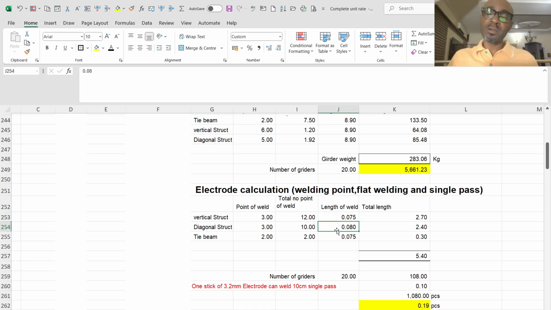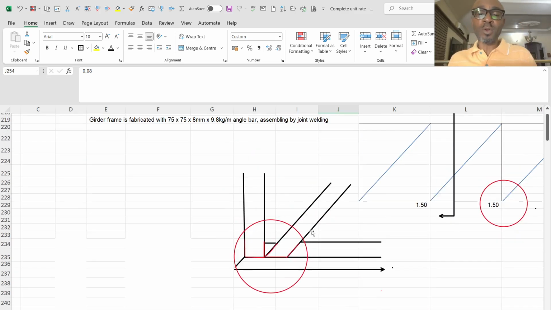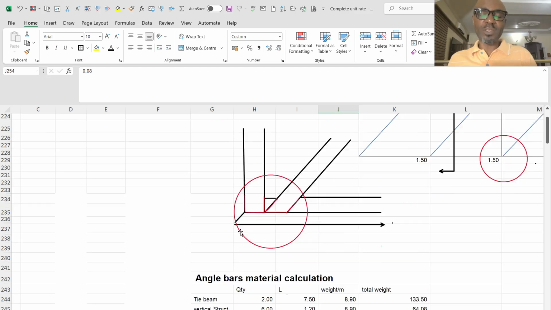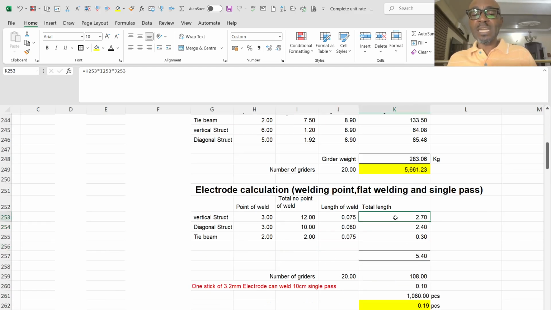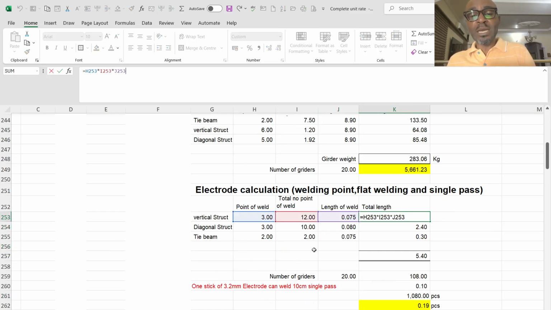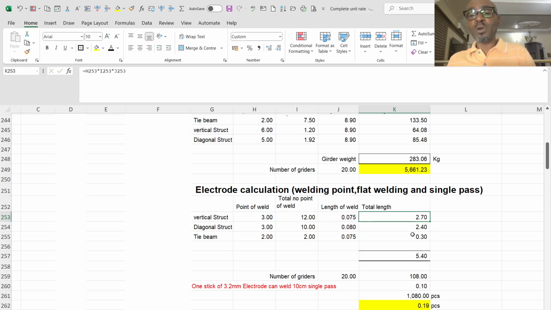The diagonal, after computing it, is 0.08, it's longer than the angle iron because it is in diagonal shape, so it's not straight, but that will give you the same length of 75. So by the time you compute the points of welding and the number of points by the length of the welding, it gives you 2.7, this 2.4, this other one is 0.3.